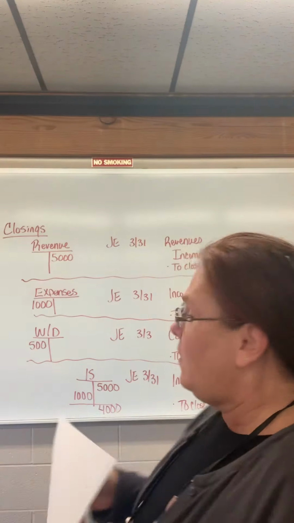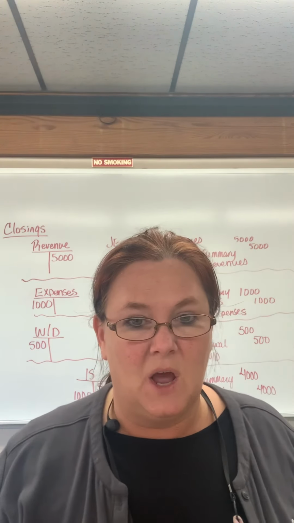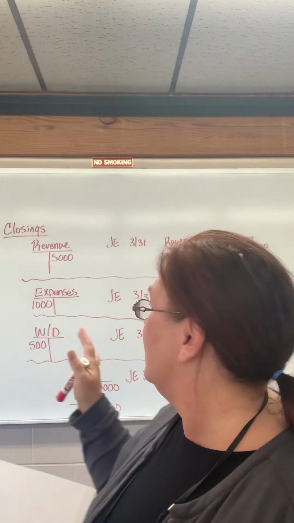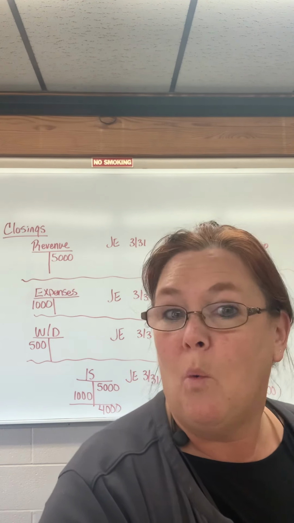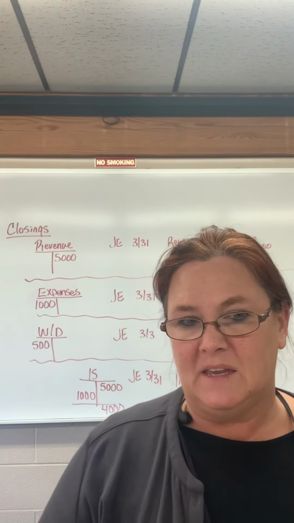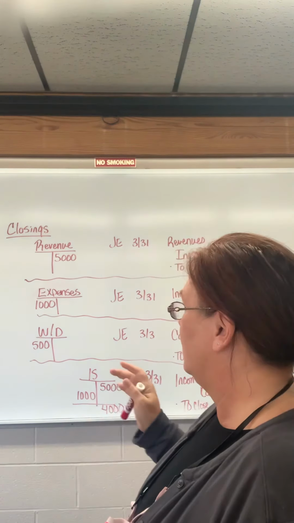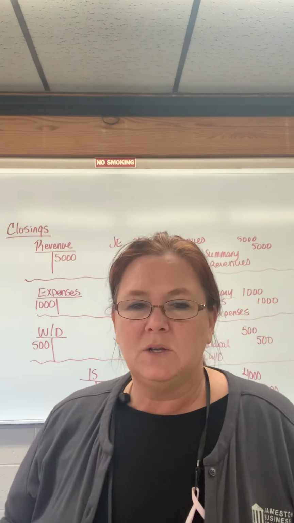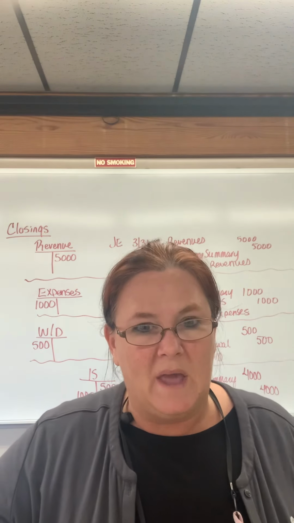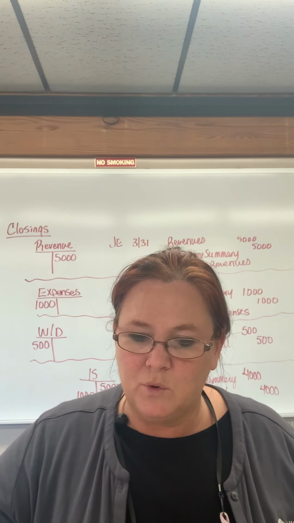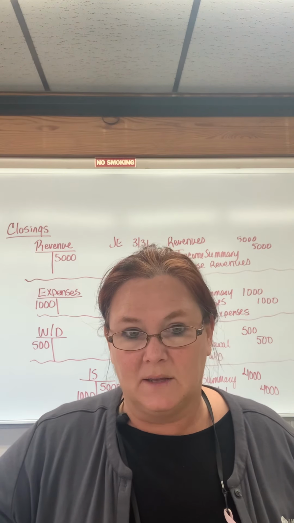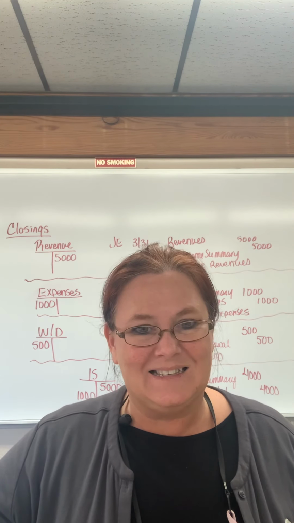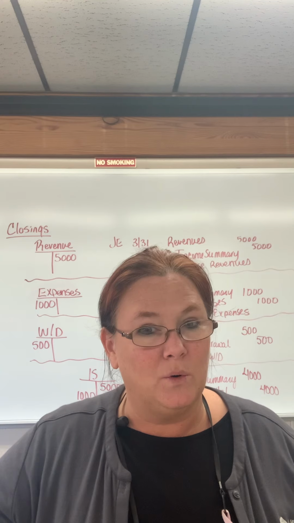What we discussed in class, and the amounts we discussed, I wrote on the board behind me. I just want to go through these so that we can do them correctly. We have permanent accounts, which are anything on your balance sheet: any assets, liabilities, and owner's equity.